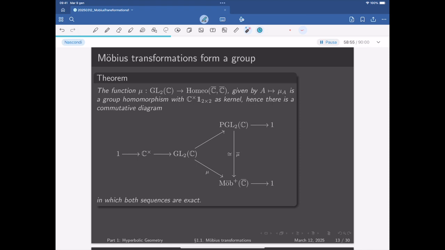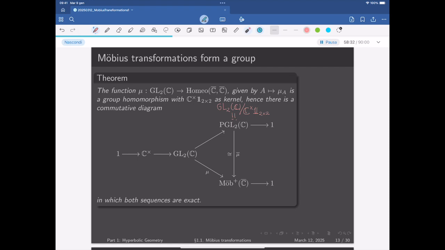And so one defines PGL2C as the quotient of GL2C modulo this.